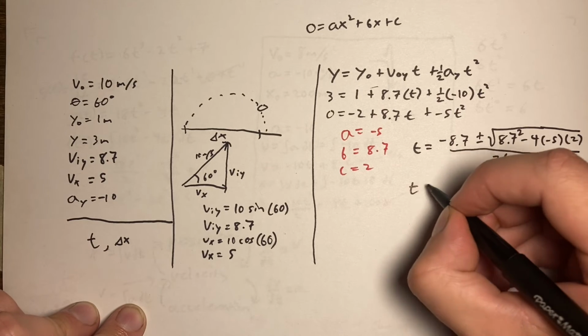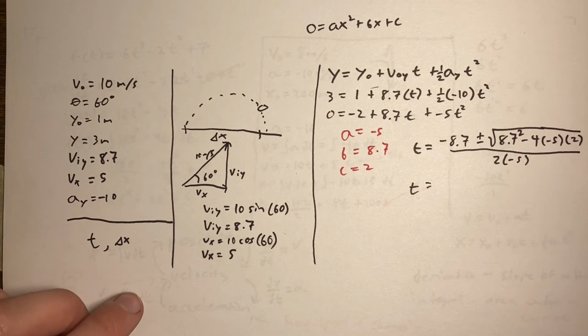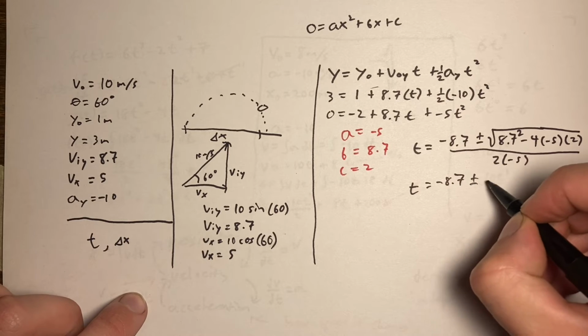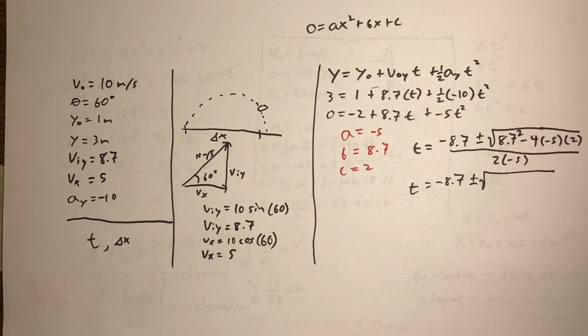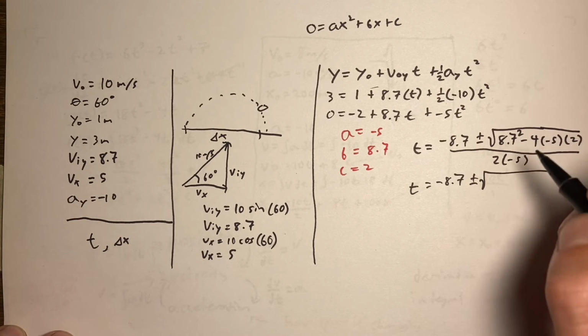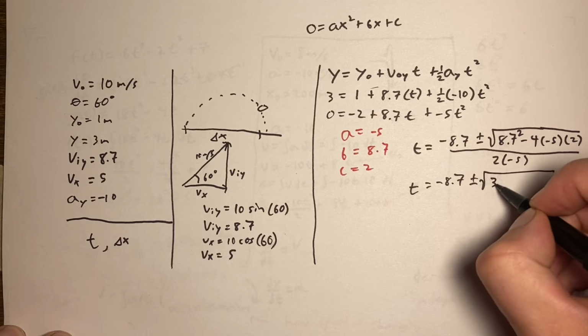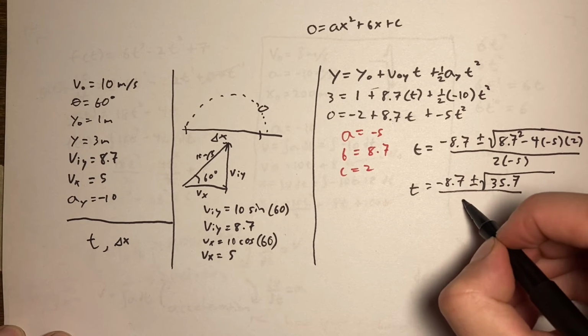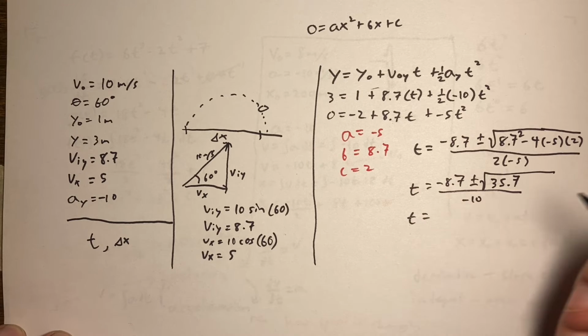Let me do that in my calculator: 4 times 5 times 2 would be 40. So 8.7 squared minus 40 would be 35.7, over negative 10.